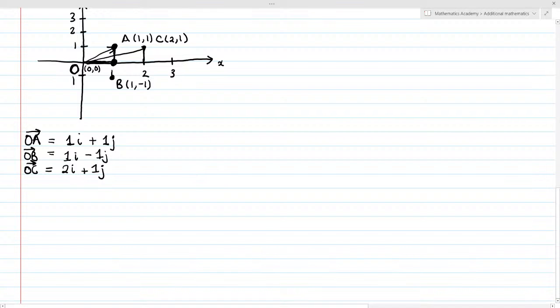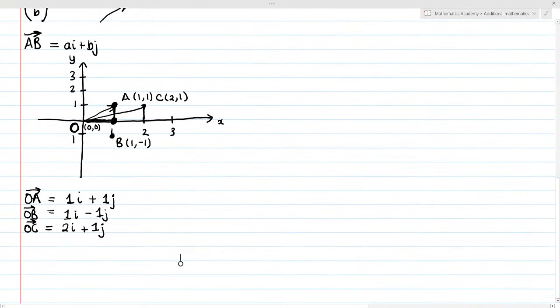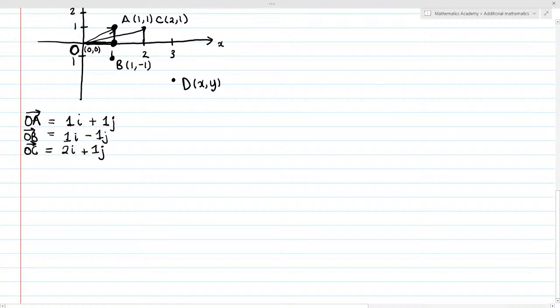When the coordinates of C were 2, 1, the vector OC was 2i plus 1j, which is 2, 1. So I think we can guess from here a general expression for the vector OD, where D is just the point x, y.